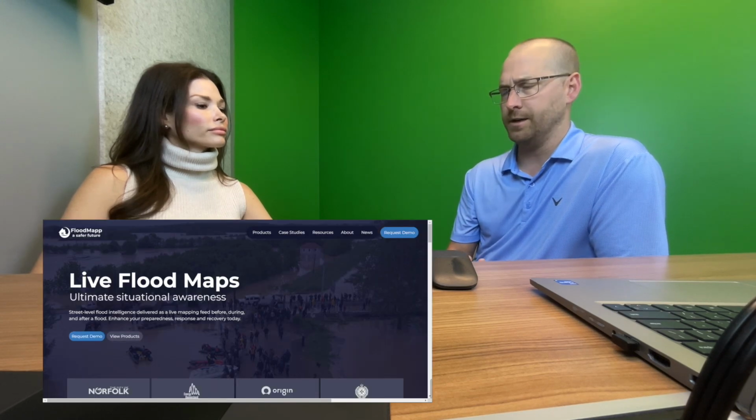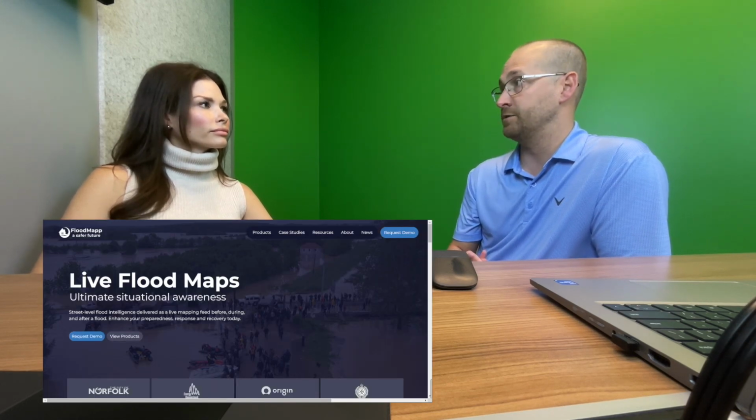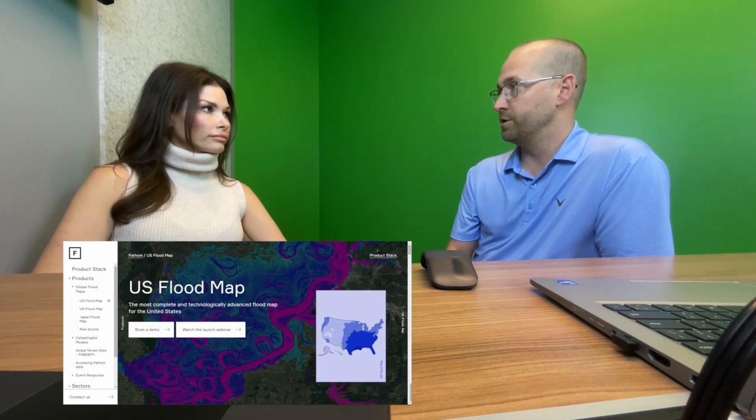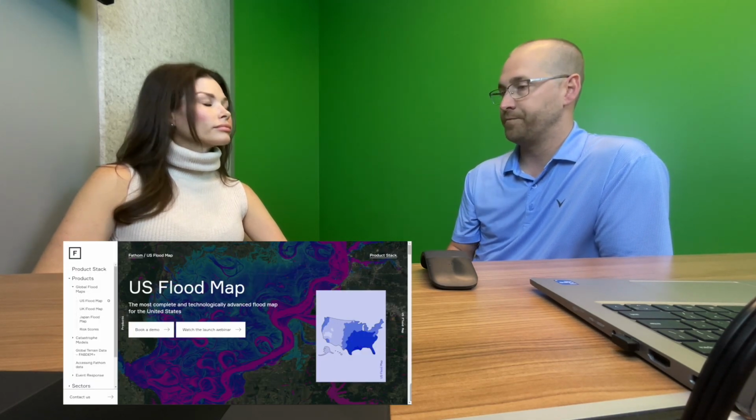Today's tools are much better at quantifying individual flood risk, and we have some of those tools today. First Street's flood map, I know, is one company that provides flood risk estimation across the country. Fathom also produces a similar data set. So those are national: FEMA, flood map, and Fathom.